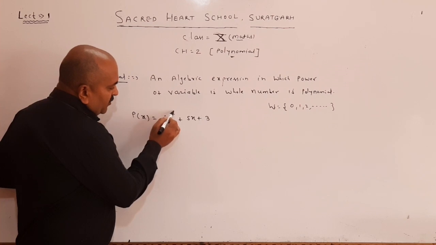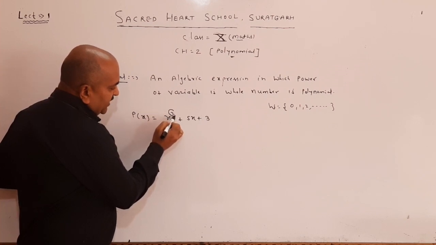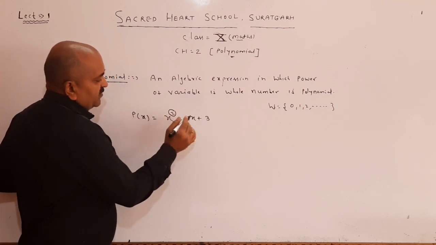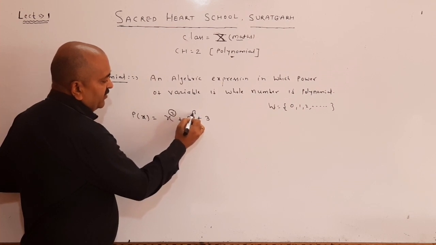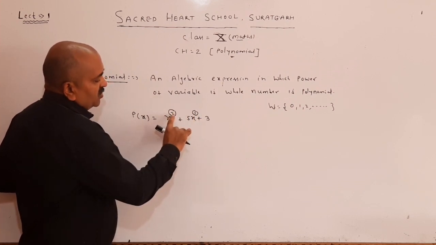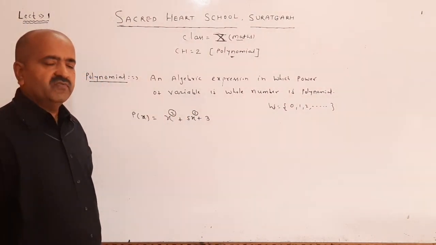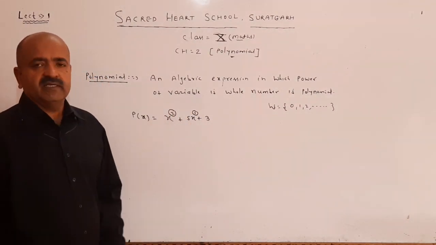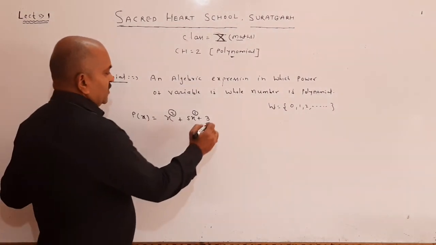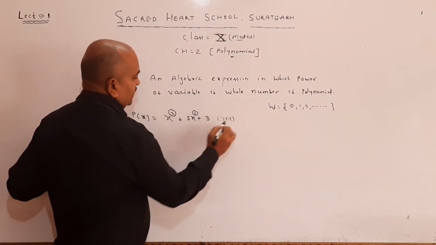What is the power of the variable here? 2. And here? 1. So both numbers are whole numbers, so we say this expression is a polynomial.